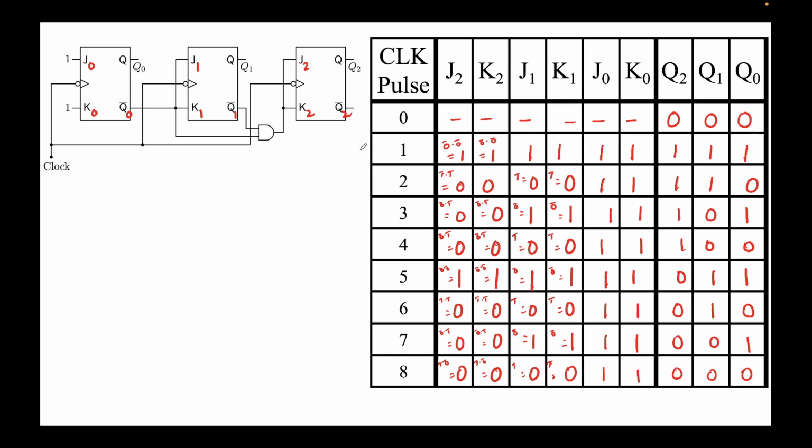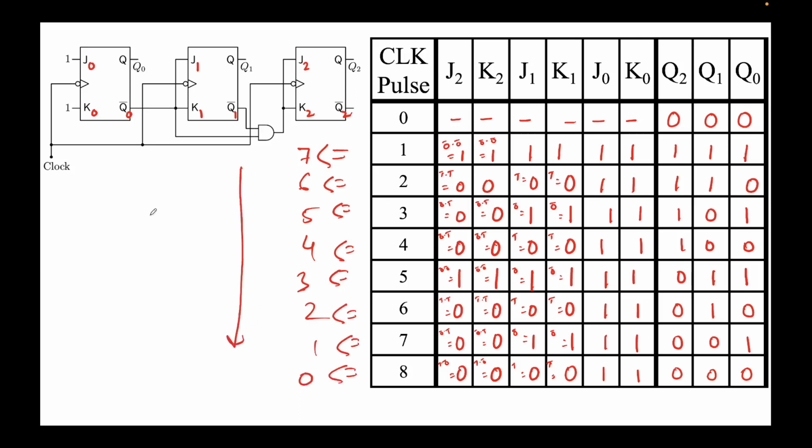So this will turn out to be 7 6 5 4 3 2 1 0, and as you can see, this is nothing but counting down. Clock pulse is increasing, but the decimal value is decreasing. This is referred to as counting down.